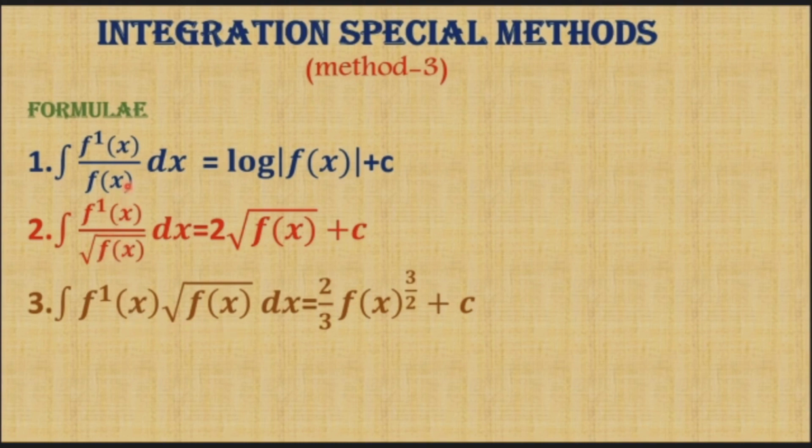Here the function root f of x is beside f dash of x, both side by side. So when both are side by side, you can write it as 2 by 3 into f of x whole to the power of 3 by 2 plus c. So these are the formulas, and you have to concentrate on this.